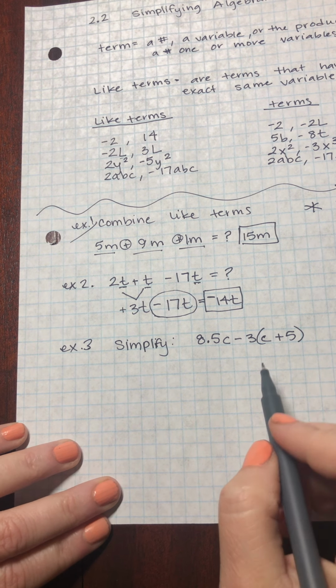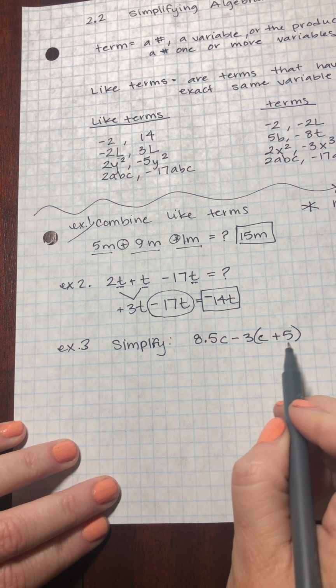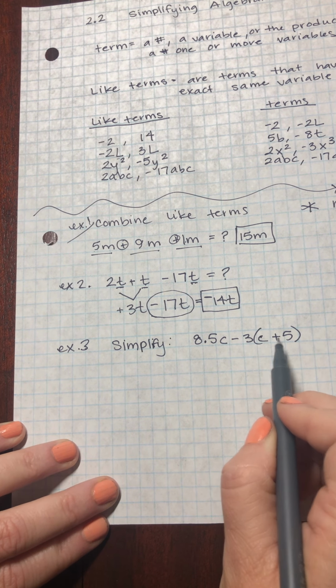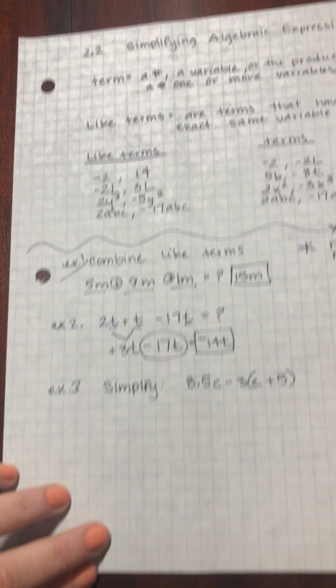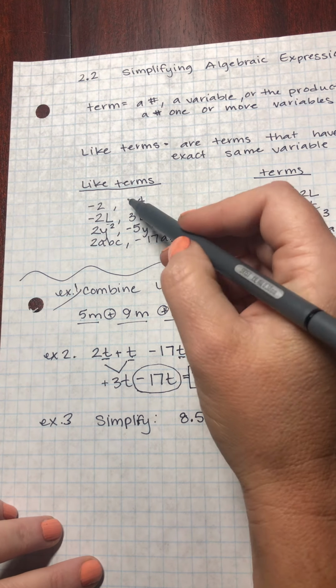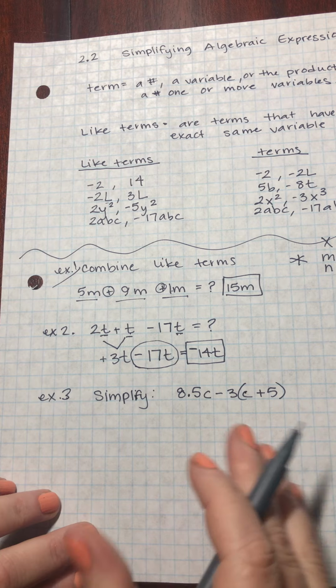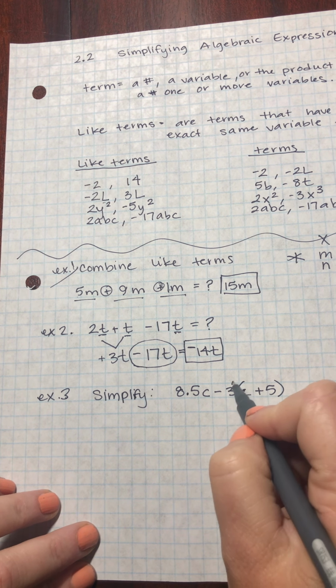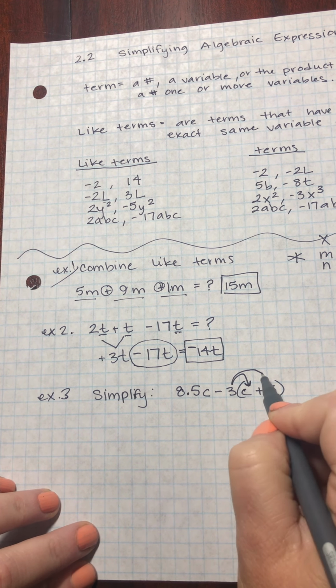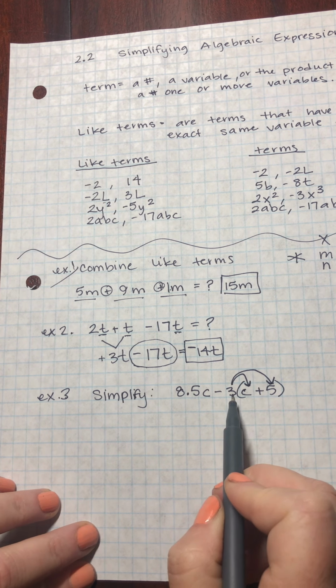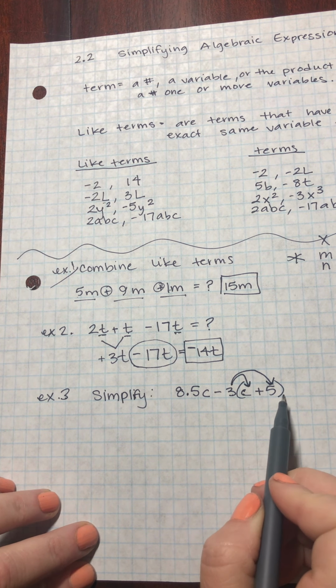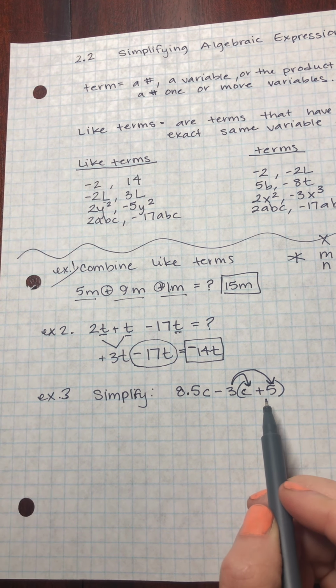So in order of operations, when you have parentheses, you're supposed to start with that first. But in here we have a c plus a 5. And those are just terms. They're not like terms. So we can't combine them, which means we have to move to the next operation, which is to distribute. Okay, I need to distribute this 3 times to both of these things in parentheses.